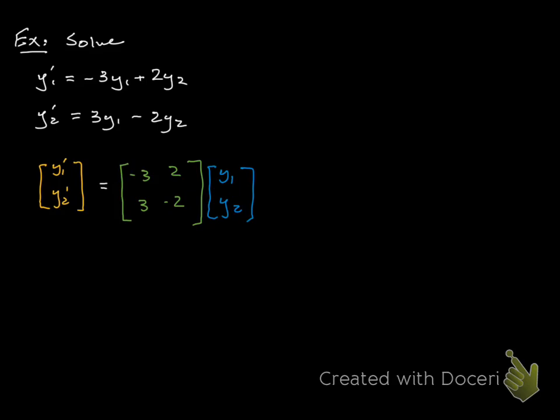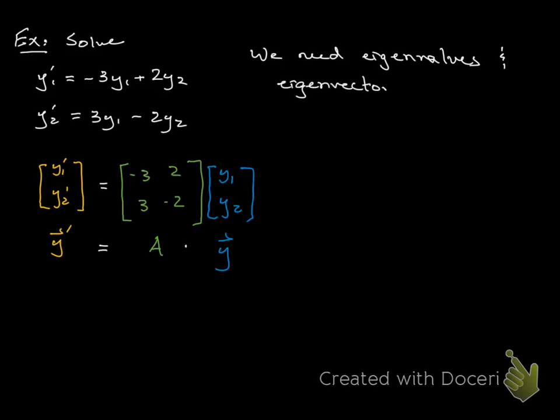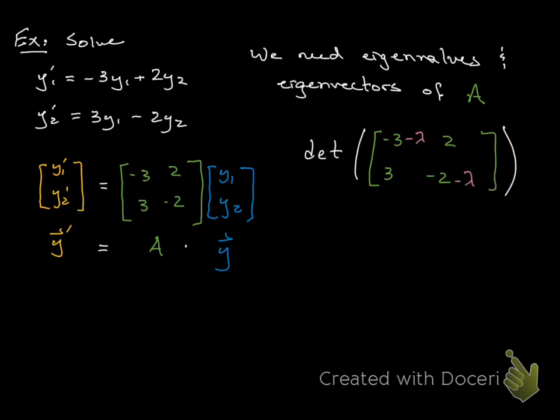This system has a solution if I can find eigenvalues and eigenvectors. So I take my matrix A, and I'm going to find eigenvalues and eigenvectors of A. What I need is the determinant of A minus lambda I. So there that is.